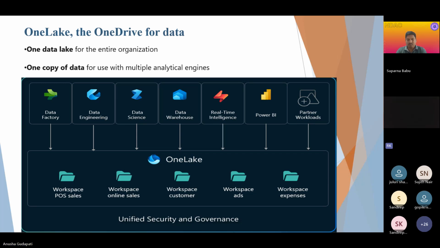But in Microsoft Fabric, the technologies understand each other. If I save the structured data in a lakehouse, the warehouse understands it. It's the same data format. Power BI can work directly with the same data using direct lake mode.